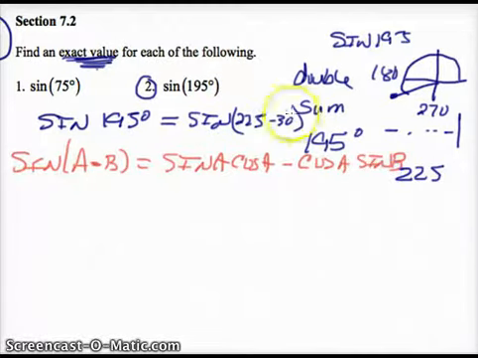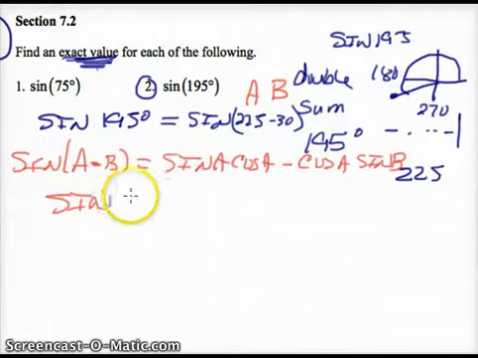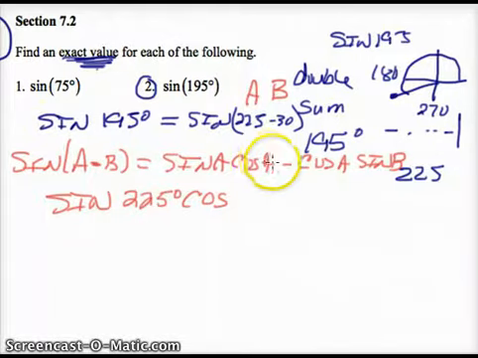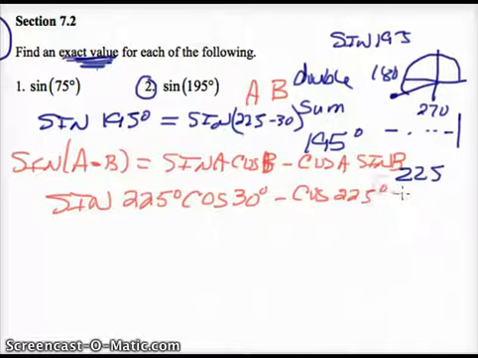Okay? So we're going to call this A, and we're going to call this B. Okay, so remember, I'll just rewrite it. I would not do this on my paper. A is 225. Actually, it's sine of A, cosine of B. Okay, cosine of 30, got a little excited there, minus cosine of 225, sine of 30.